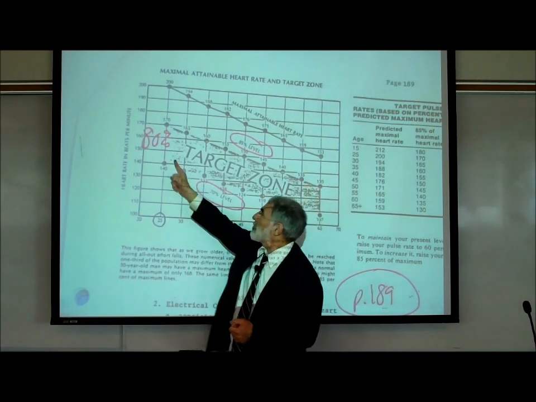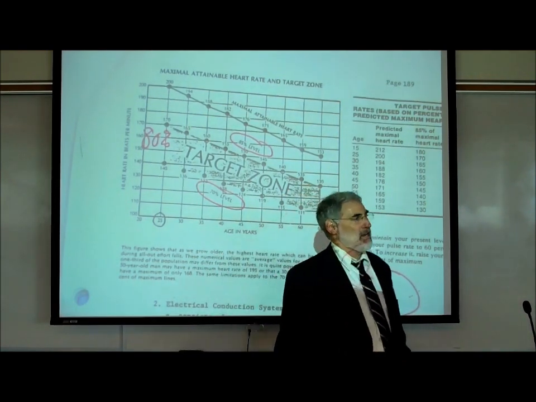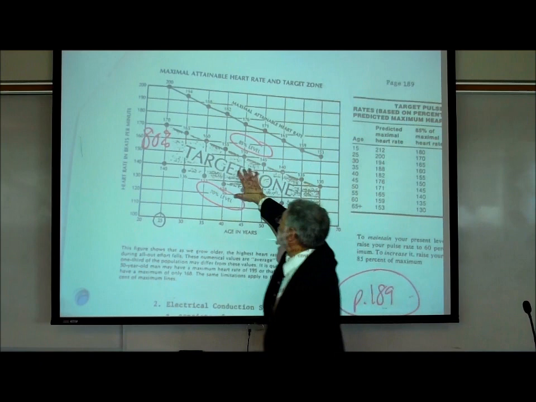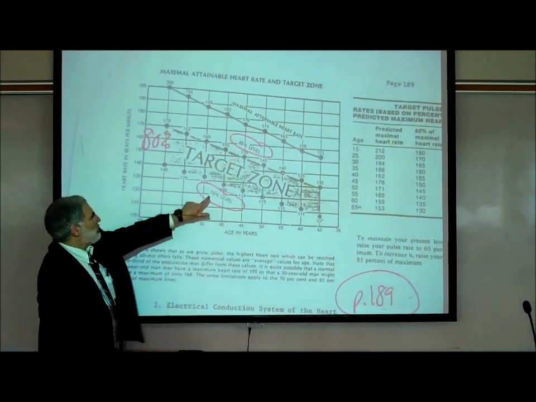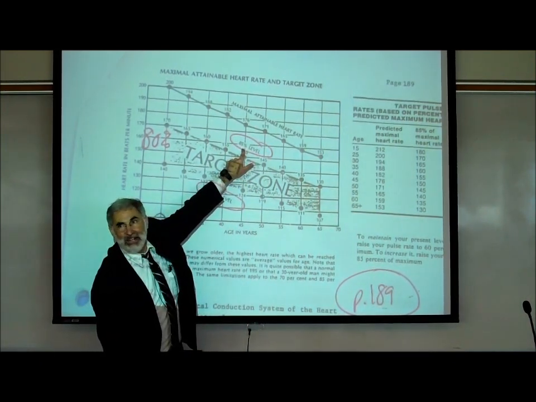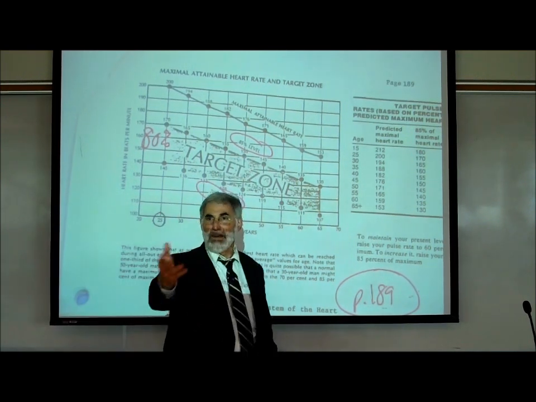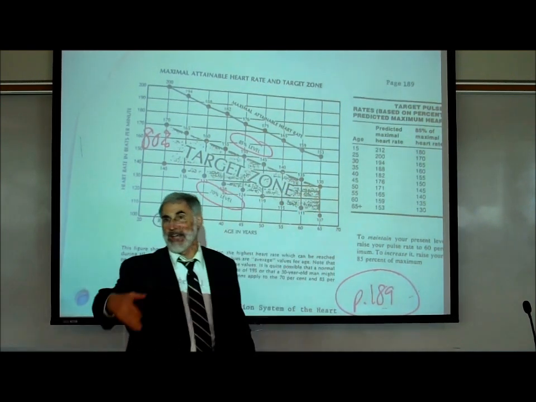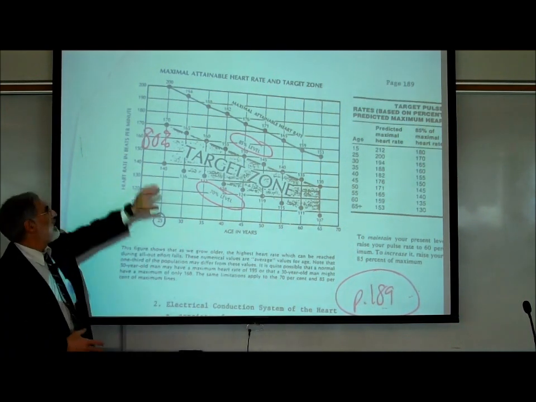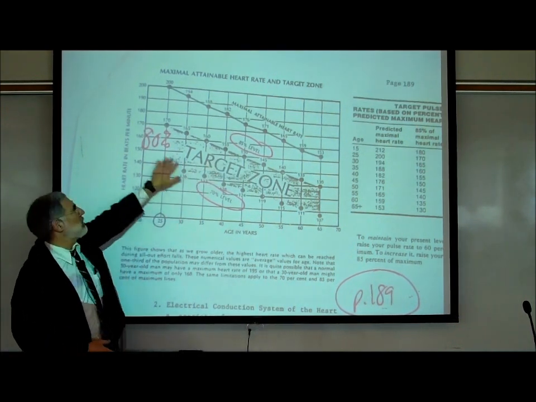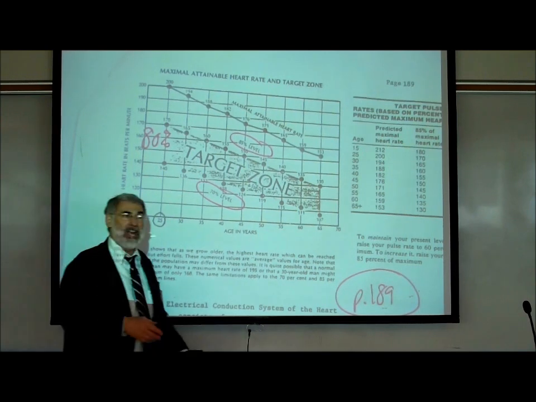The answer is approximately 80% of its theoretical maximum. You can see the target zone here is somewhere between 70 to 85%. Some people, maybe 70% is fine. Others need 85%. But you've got to get somewhere in that target zone. So just as an approximation, about 80%.